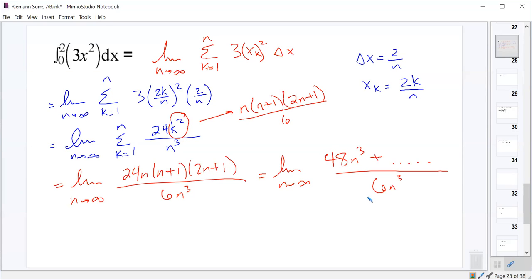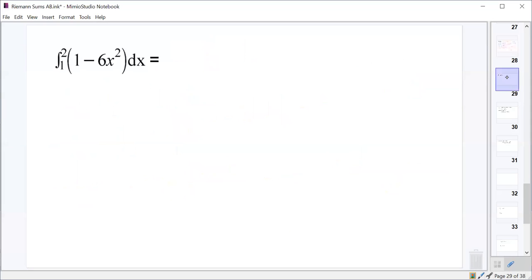And so we just divide the leading coefficients since the degree is the same, and we get 8. And so that's telling us that the area underneath the parabola 3x squared from 0 to 2 is exactly 8 units. Good or no? Good. All right. One more.